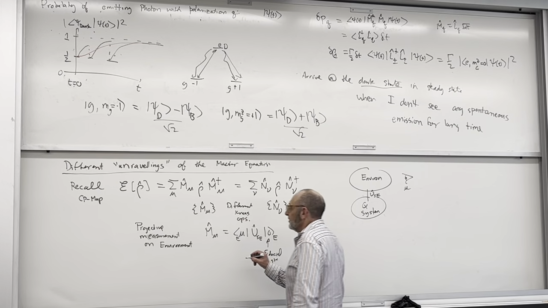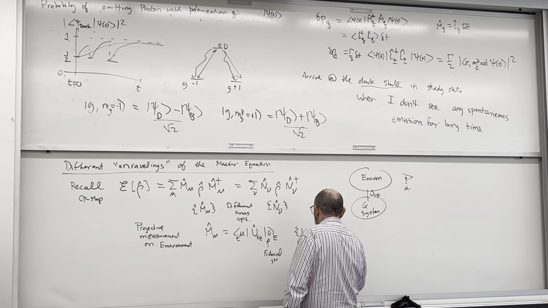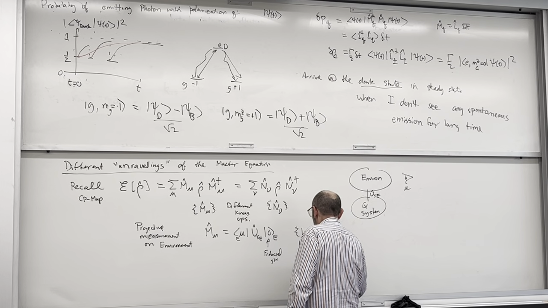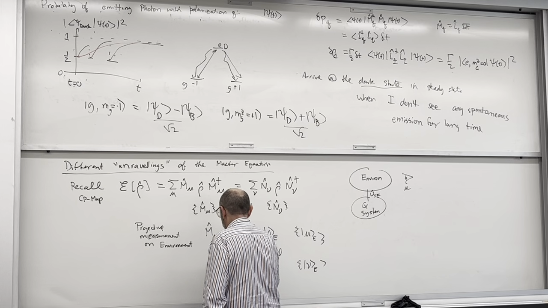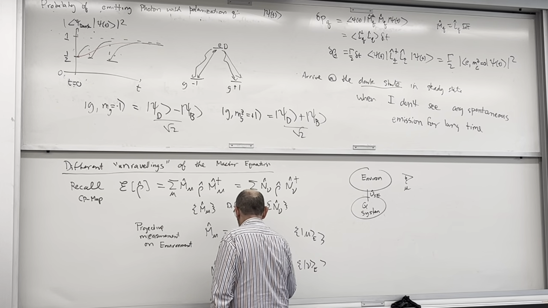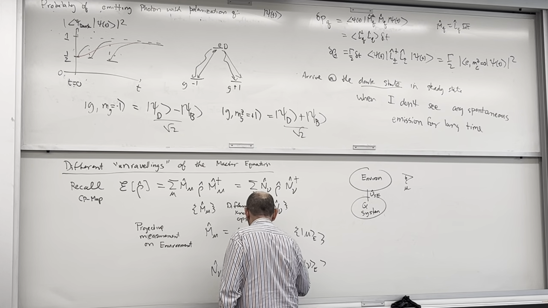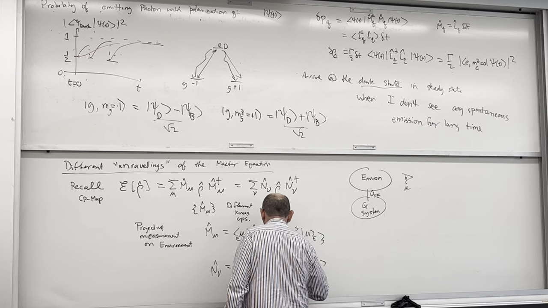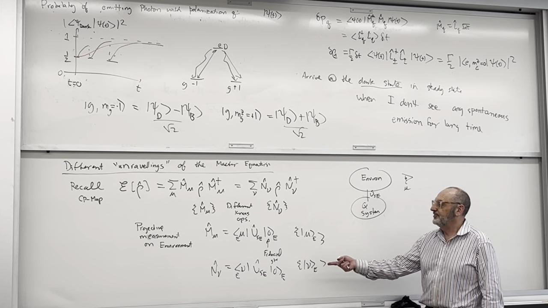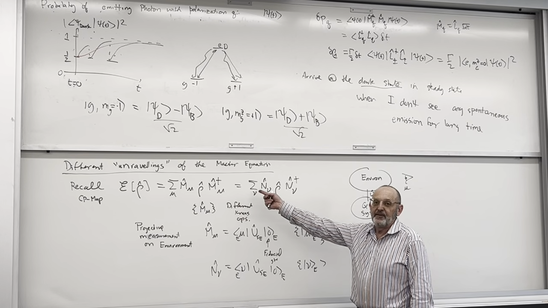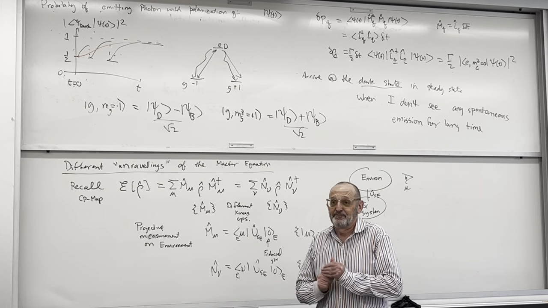And the N mu's would then perhaps correspond to a different basis that I might measure in. And if I measure in a different basis, I'm going to get a different measurement record and a different unraveling.